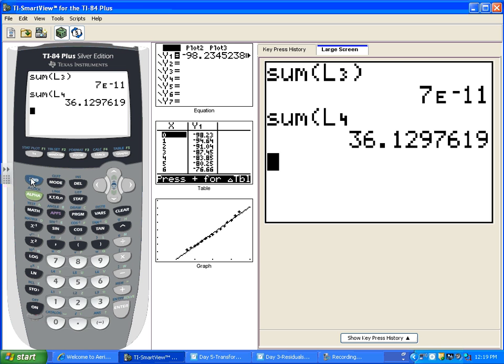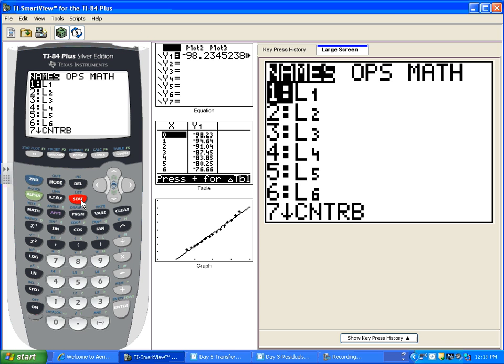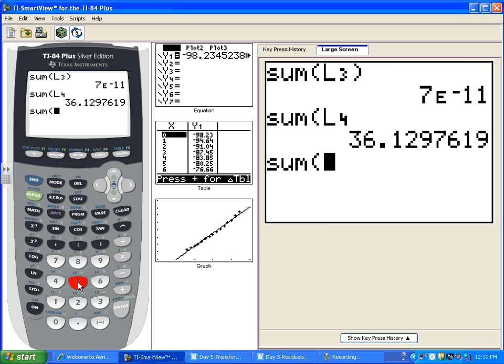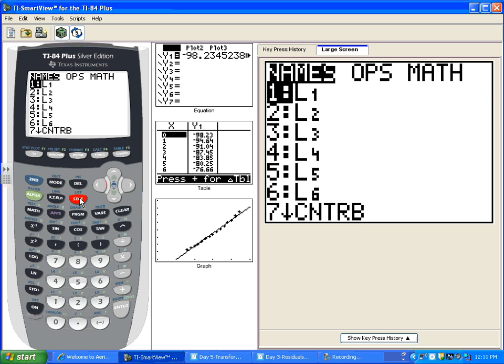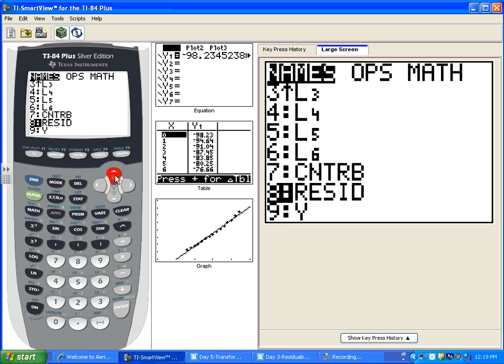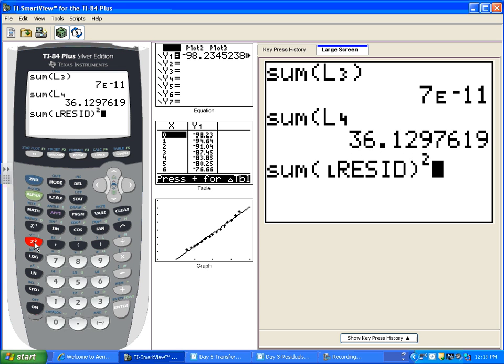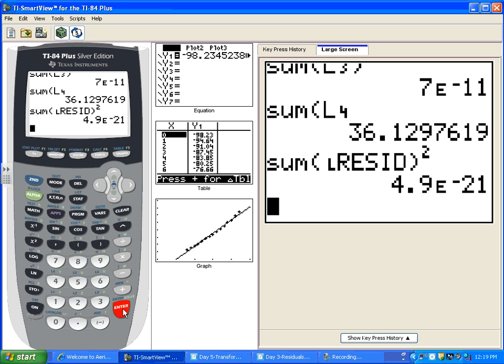By the way, you can also do this. Math, sum, resid, squared. Oops, I didn't do something right there. I have to rerun mine.